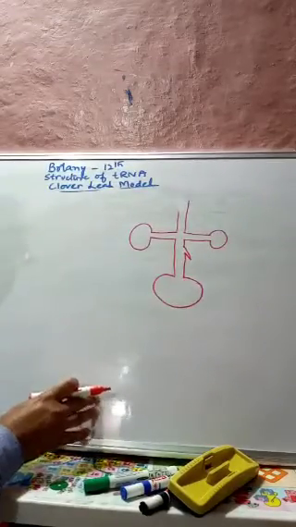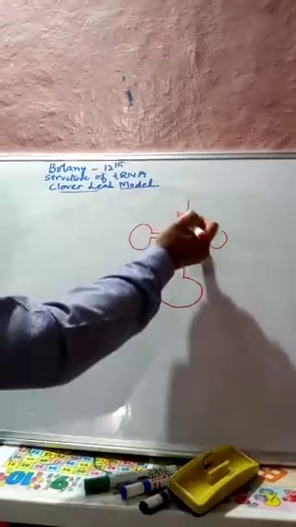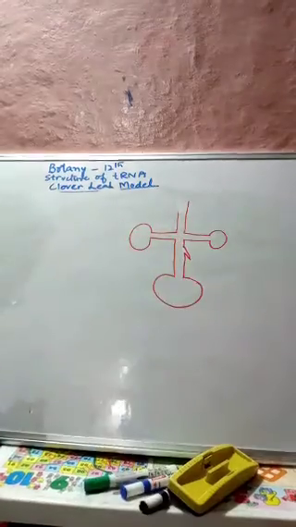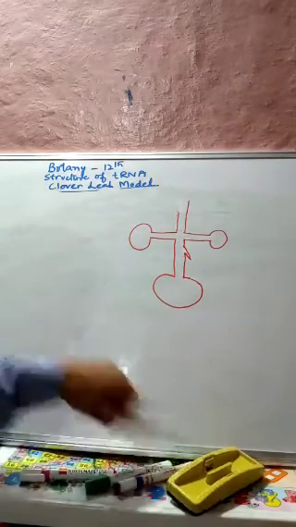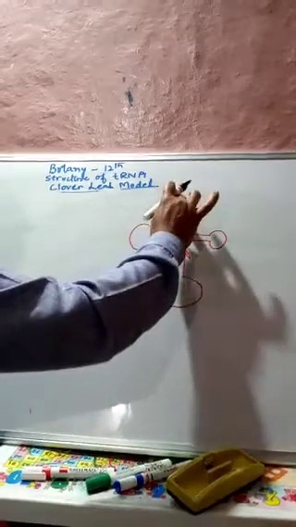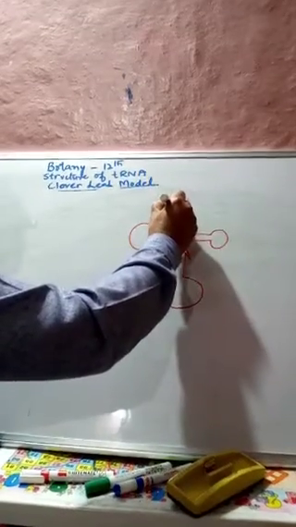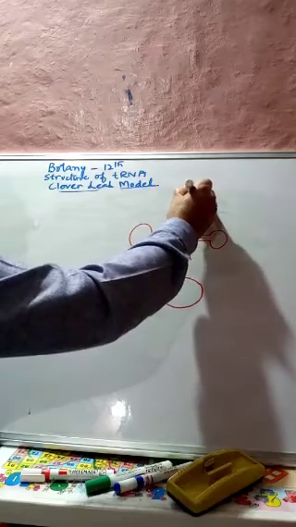This is the structure and these are the 5 arms, 1, 2, 3, 4 and 5. Now if we write the direction of this, it is constant, 5 prime and 3 prime.